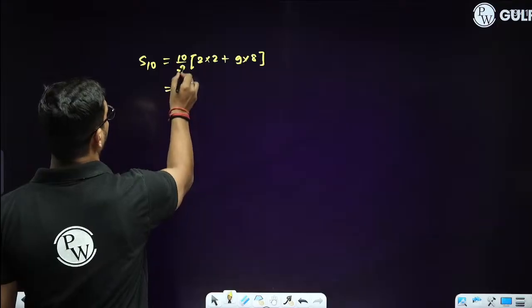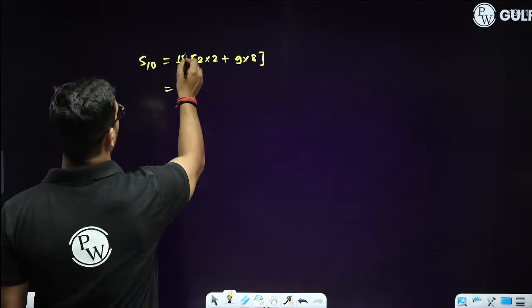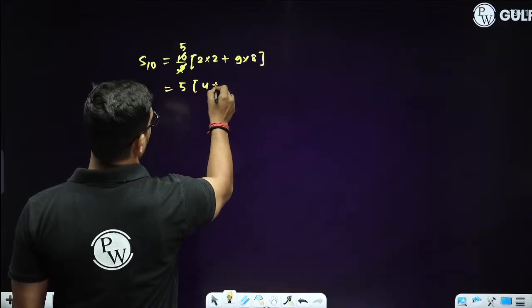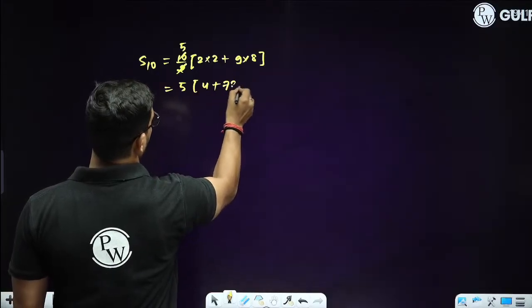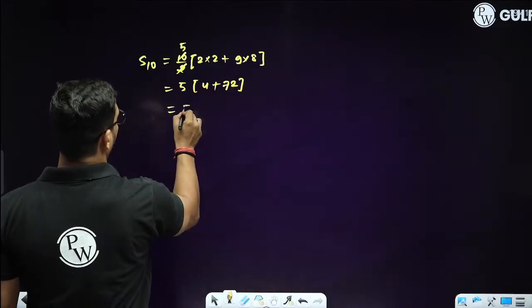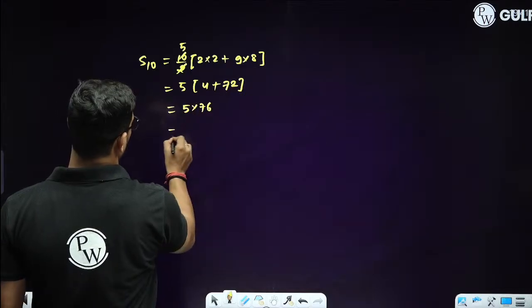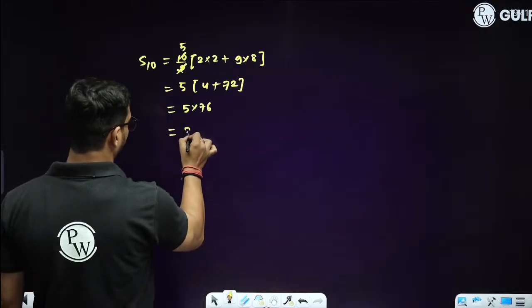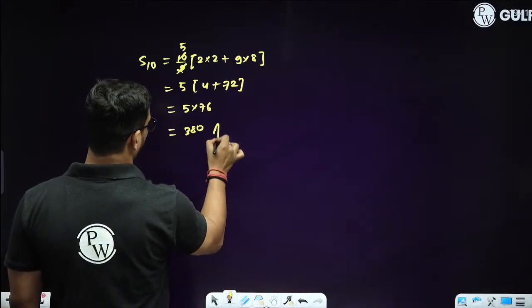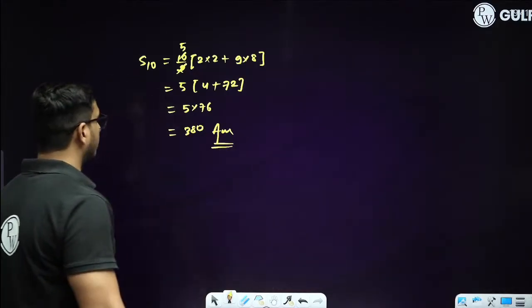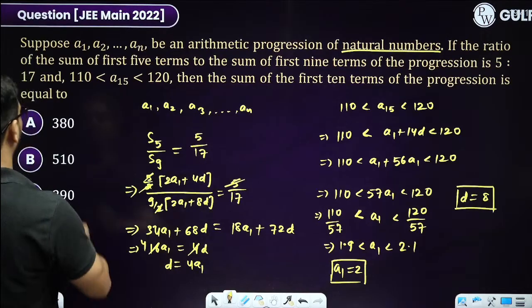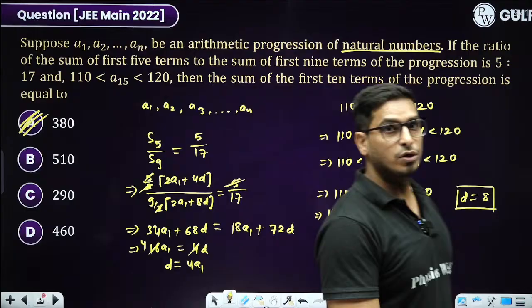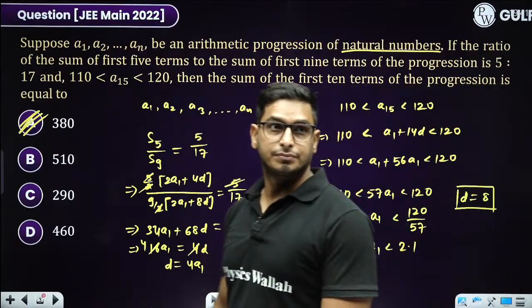So 5 into 4 plus 72, 5 into 76. Correct? 380. This is 380. So the answer is A. See, the question is simple, not that tough, right?